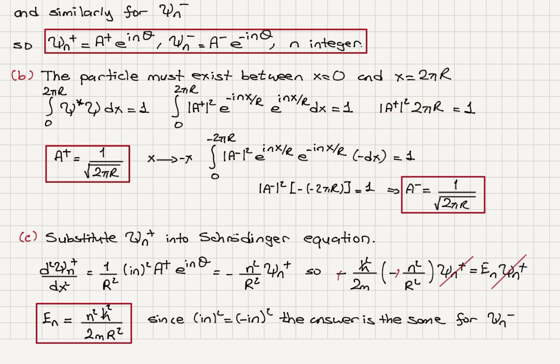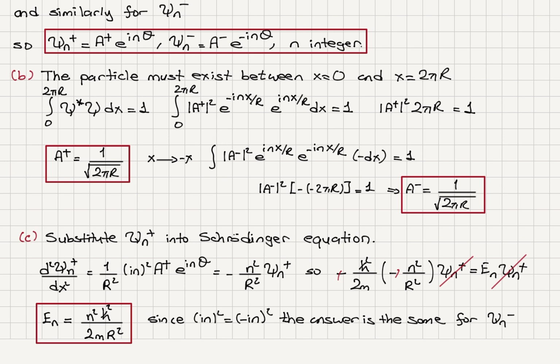It's a real number. If we do the x to minus x transformation, so that we're going from 0 to minus 2 pi R, or we could say we're going from minus 2 pi R to 0 because it's for a clockwise rotation, so maybe that's better to express it that way.